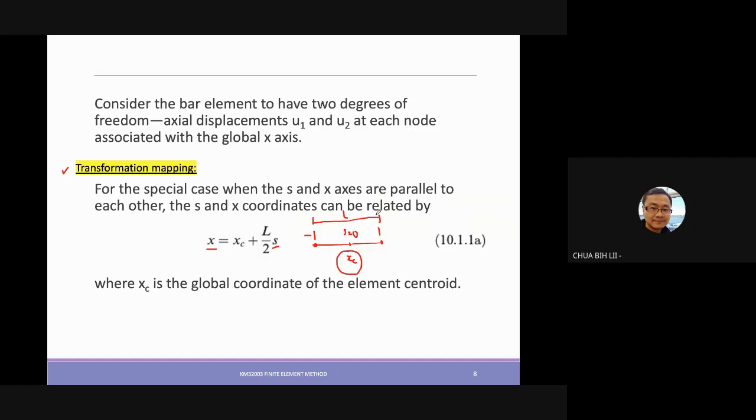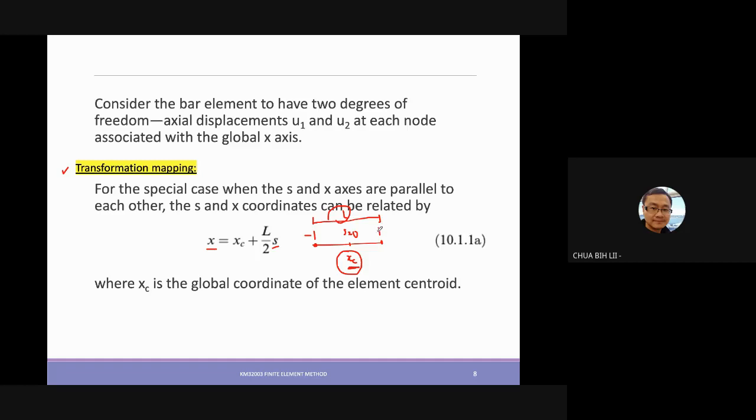So it would be easier now for us to form these transformations by referring to the coordinate of this centroid, the s equals 0, and the length. From there we are able to define the coordinate for this node and the coordinate for this node. That would be the computational part. But when you do the solutions, you just multiply by 1 or other values, so it is much easier for the computer to compute.